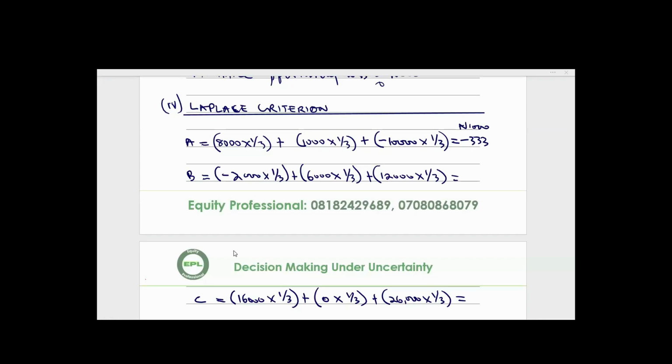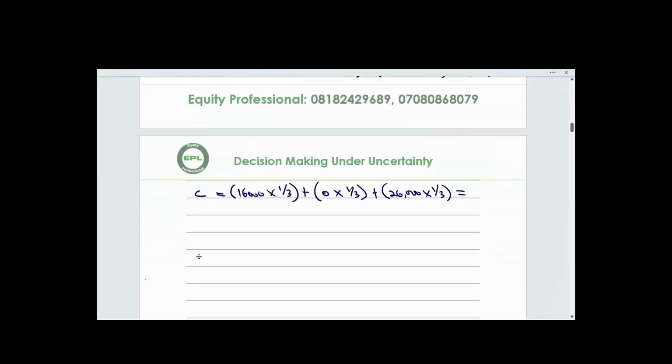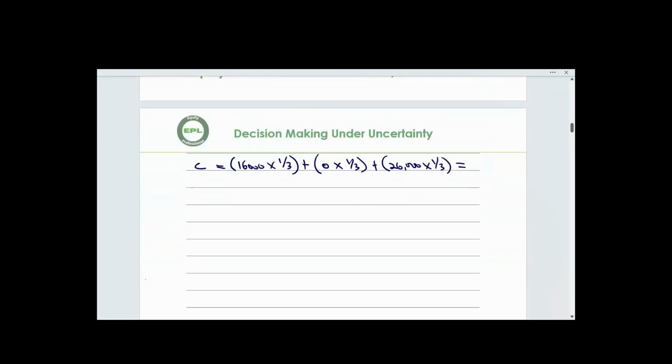Equal. That's 5,333. Then the third one, alternative C.